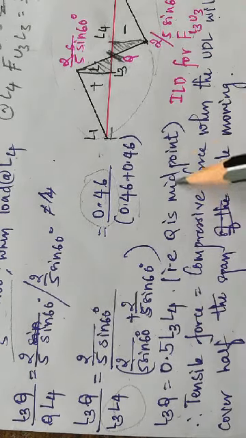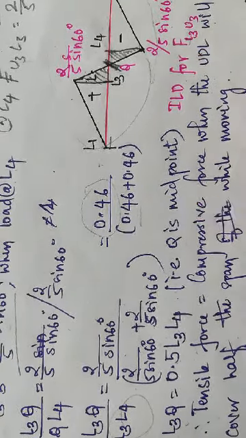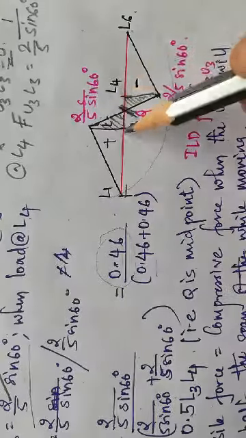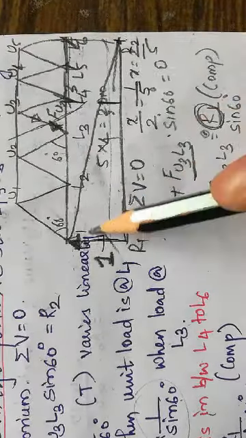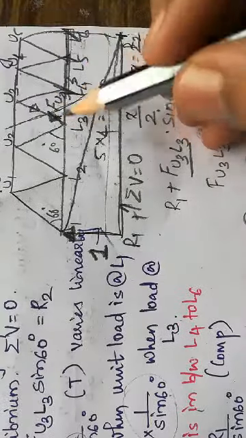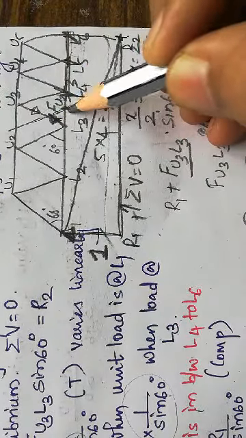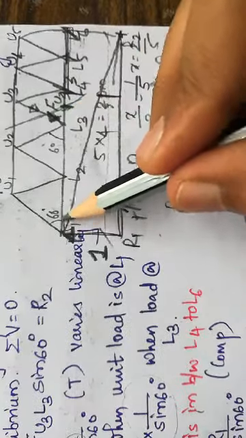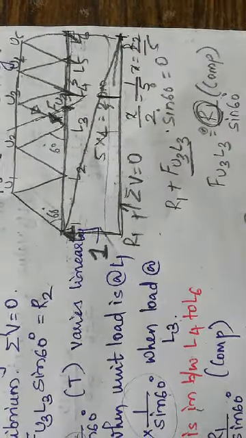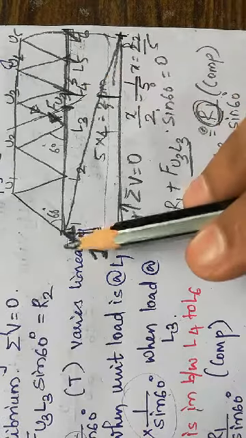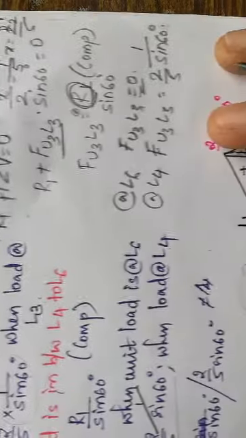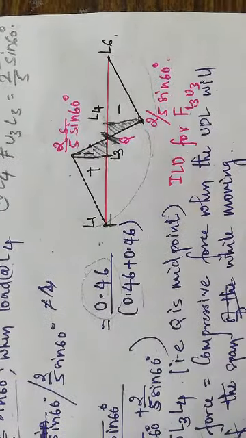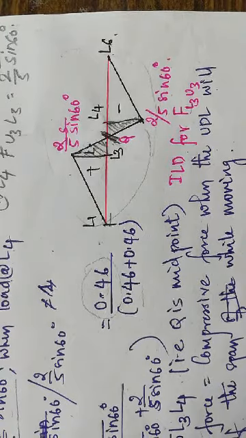If Q divides L3 L4 exactly at half, then the truss having 6 parts, 3 on each side, is divided somewhere in between, so you have 2.5 on the left hand side and 2.5 on the right hand side. That is nothing but Q divides the complete truss equally.